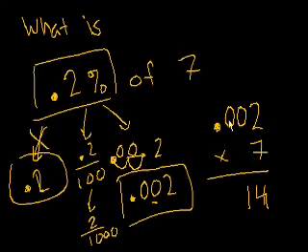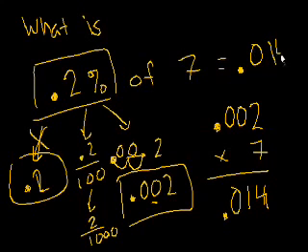And how many total digits do we have behind the decimal point? Let's see. It's 1, 2, 3. So we need 1, 2, 3 digits behind the decimal point. So 0.2% of 7 is equal to 0.014.